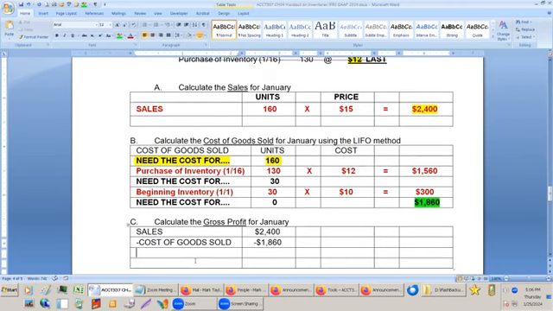And this will give us our gross profit, or gross margin, same thing. 540. Check that just to be sure. Yeah, 540. So this is our gross profit.